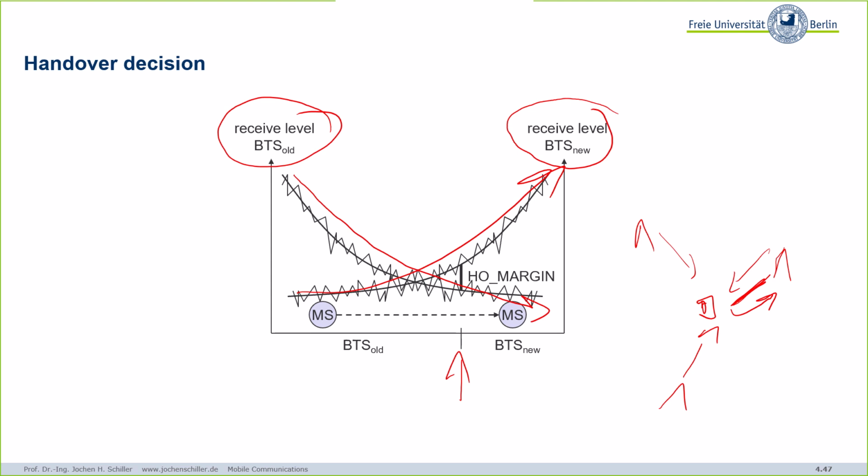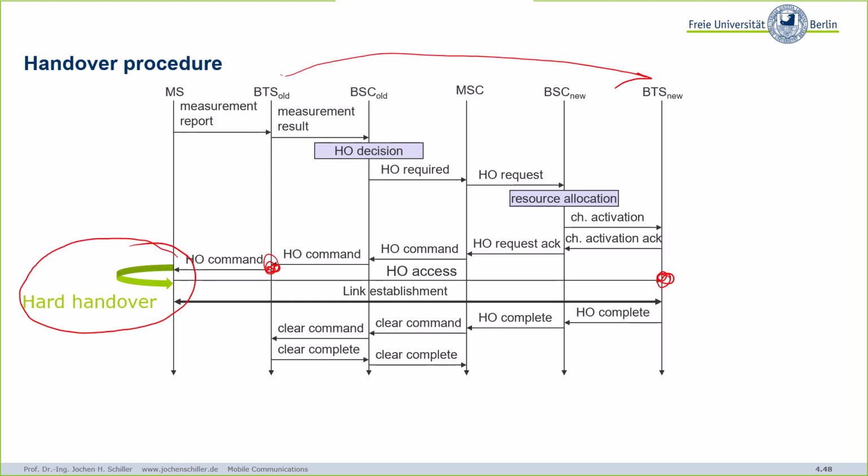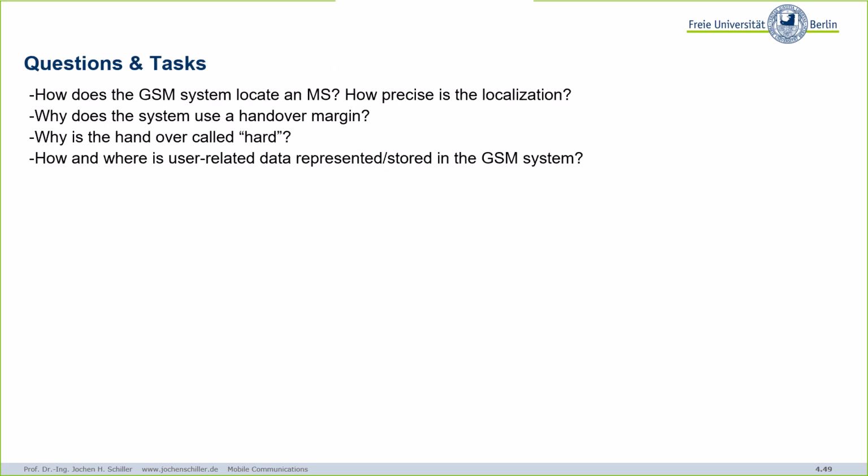It reports, oh, I see all these other base stations. This is exactly when I talked about these measurement reports, measurement results. And then inside the network, the base station controller, for example, does this handover decision. So this question should remind you once more about localization without the help of any GPS or anything else.